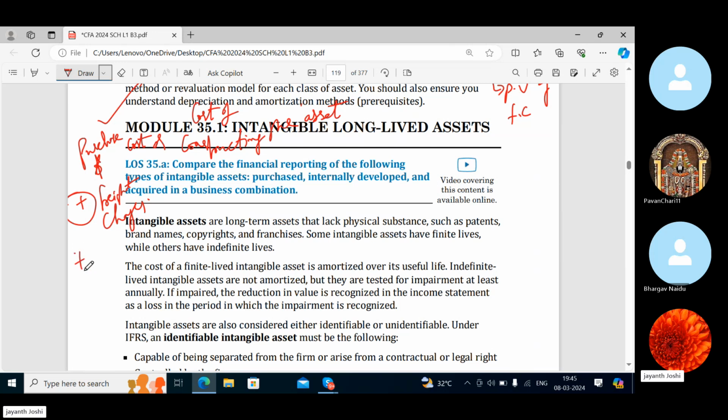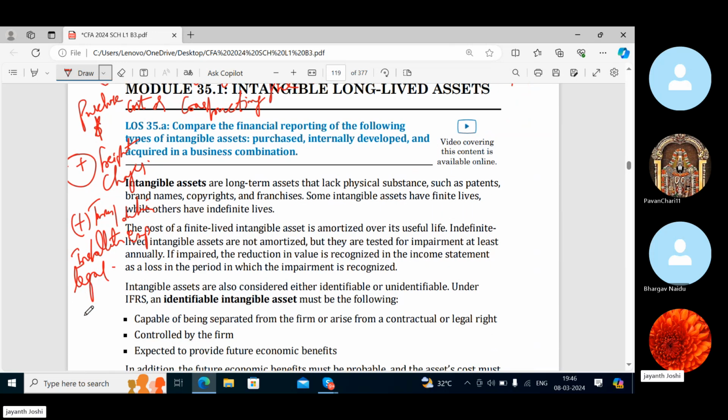So freight charges, any taxes you have paid, any duties, installation expenses, and legal expenses, that means for transferring the asset to your name. All these you have to capitalize to the asset value and show in the statement of financial position or balance sheet.